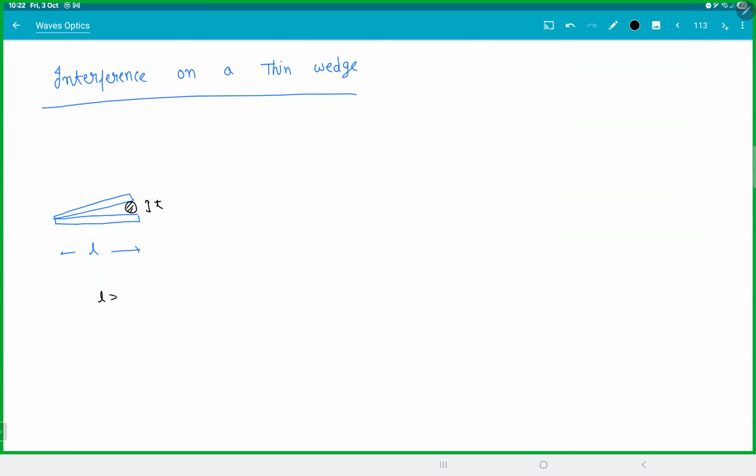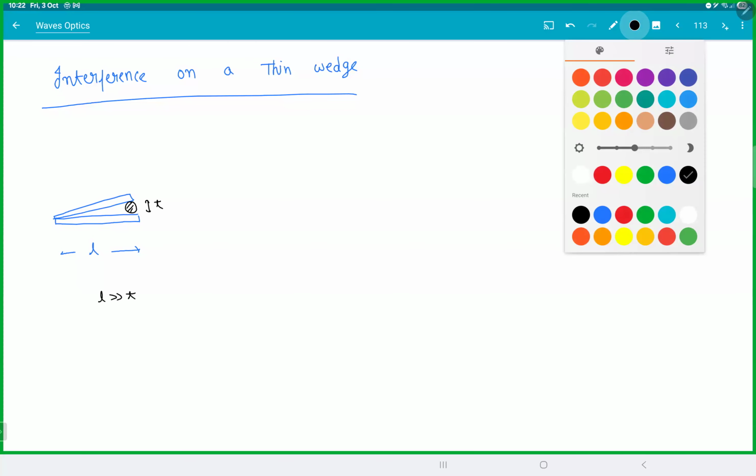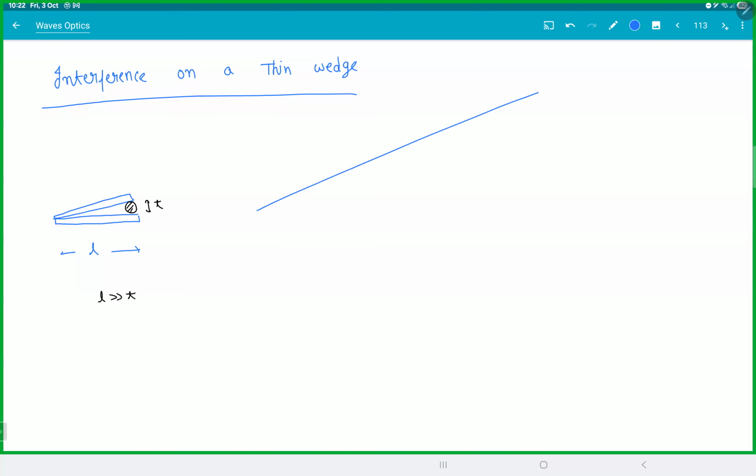This is T, L is much greater than T. So we are looking at something small. I'll exaggerate this figure. This is theta. This is T. So the T is actually very small.